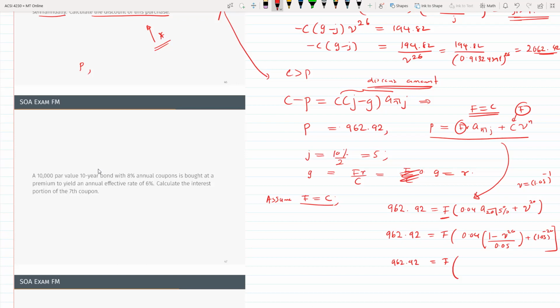So 1 minus 1.05 to the power negative 20, divided by 0.05, times 0.04, plus 1.05 to the power negative 20.